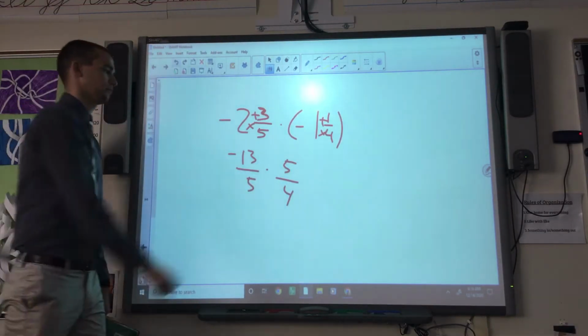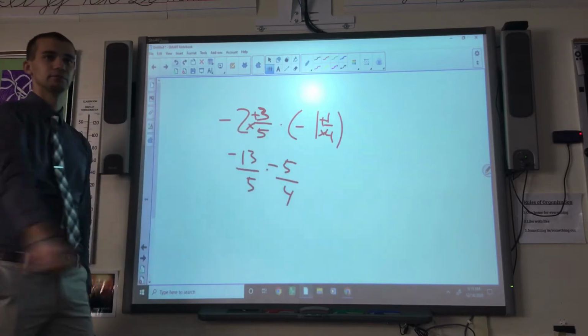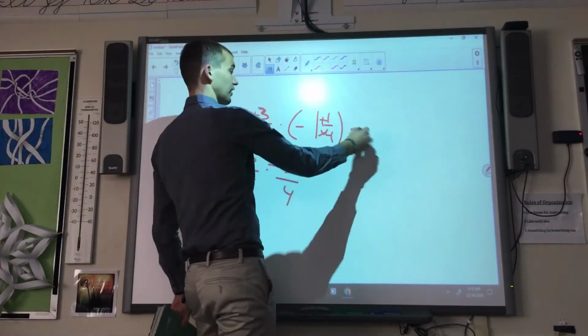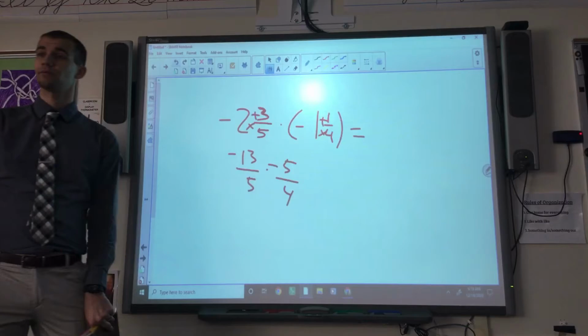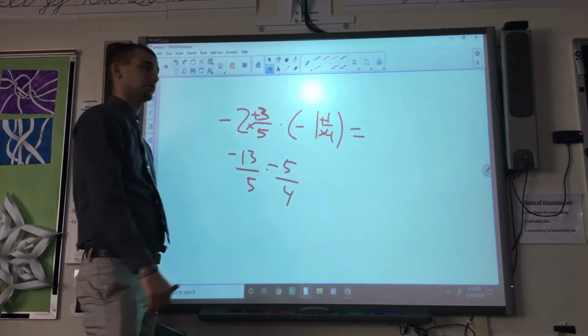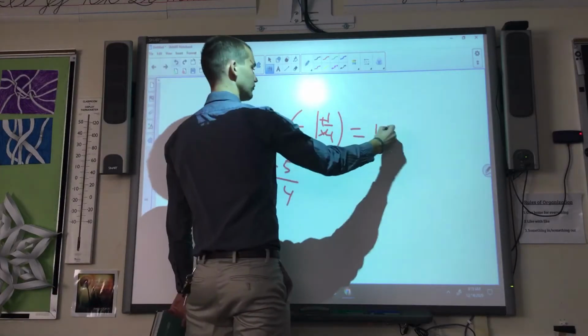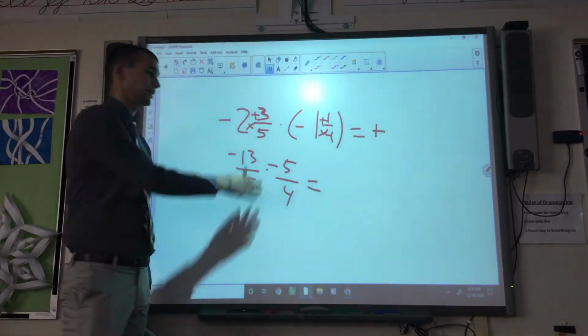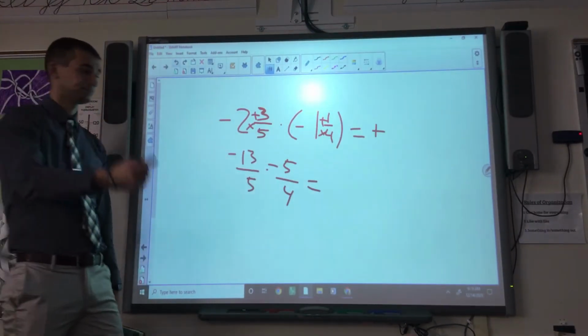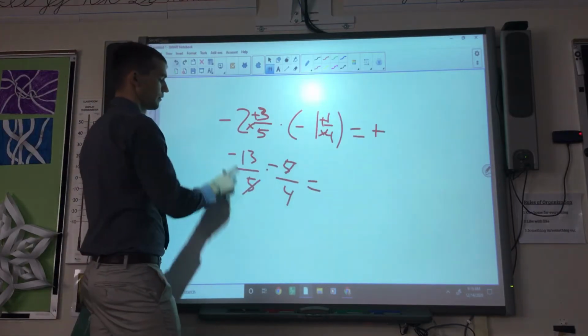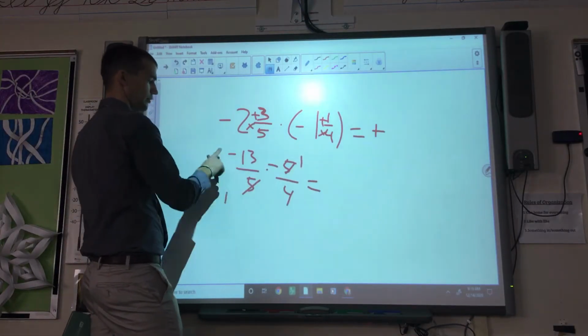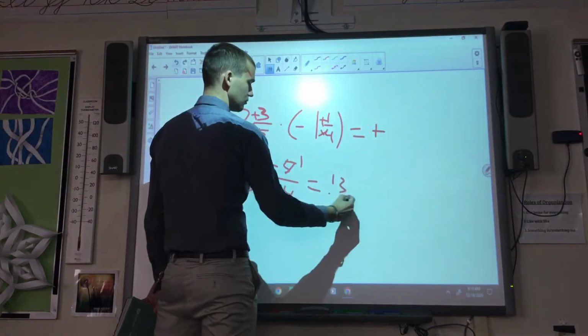Next thing we're checking, remember this is a negative number. Or we could have just asked, is our final answer going to be negative or positive? Negative times negative is positive, so you can just write that at the end if you want. Anything I can cancel out? Yep. This becomes 1 and 1, then you have 13 over 4.